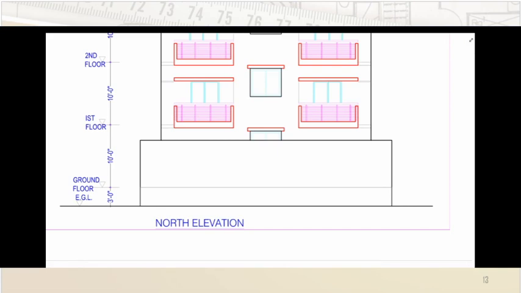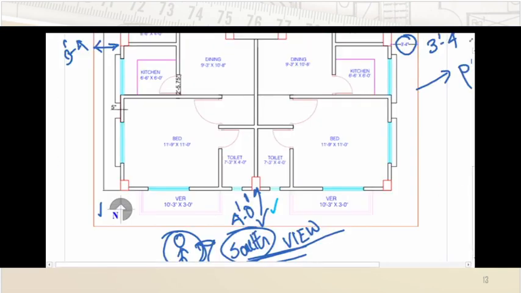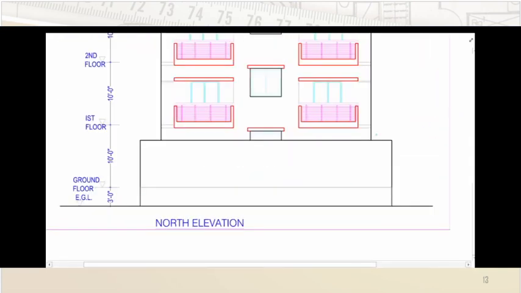Let's go to the typical floor plan. One thing, can you notice that this portion, this is below the first floor? What is that?